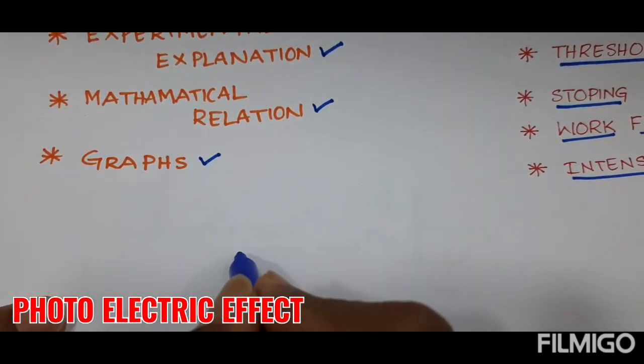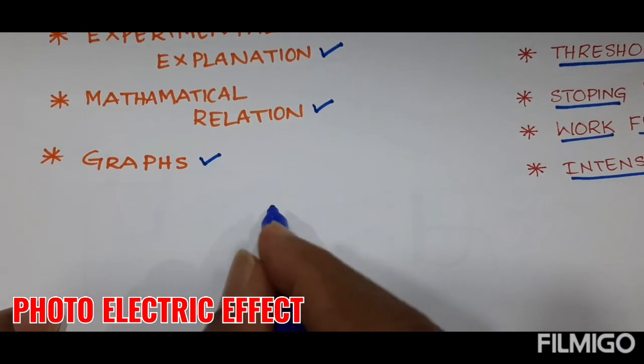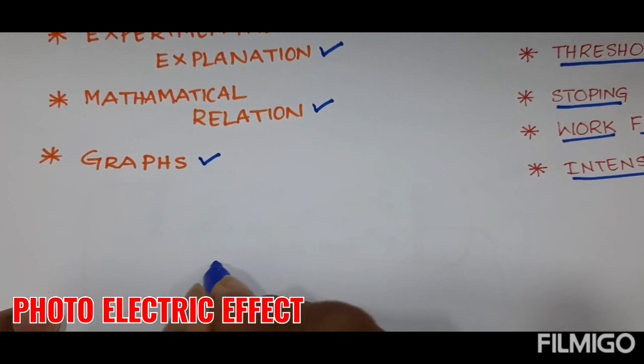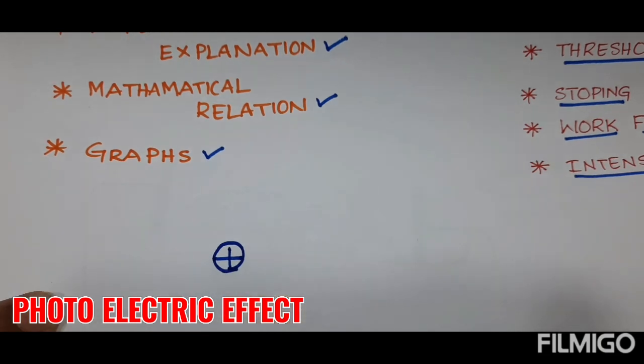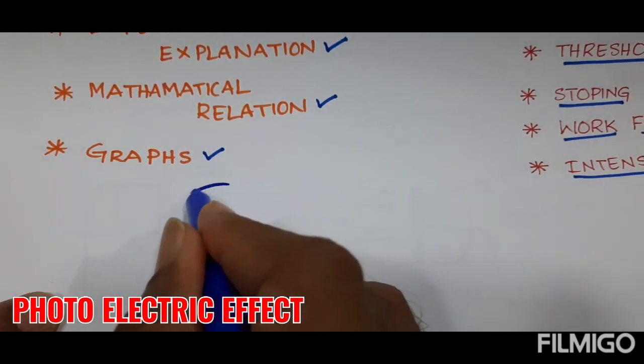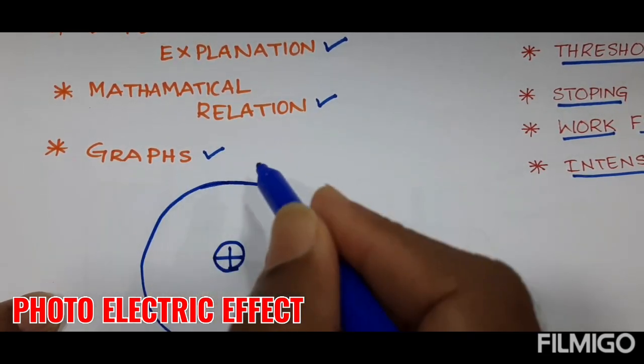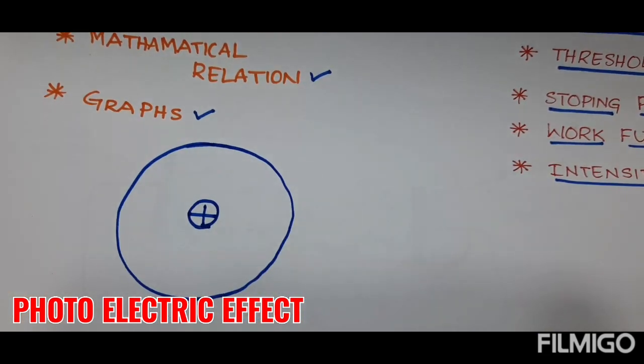I am taking a metal surface. For better understanding, I am taking one metal atom. This is the nucleus of the metal atom. Suppose this is the outermost orbit of that metal atom, right?